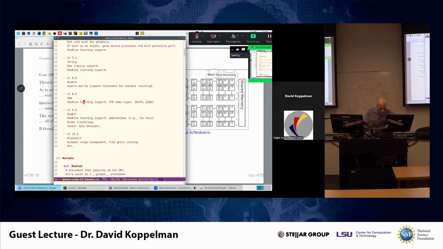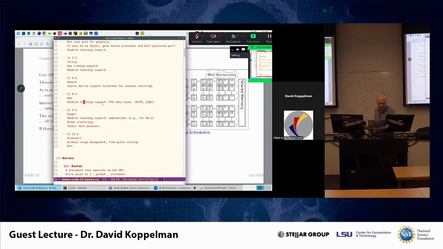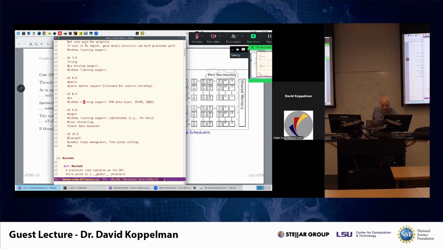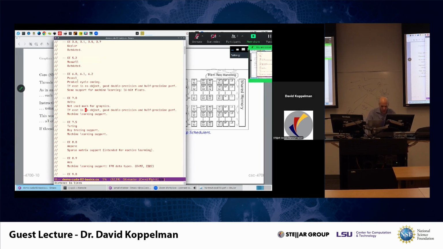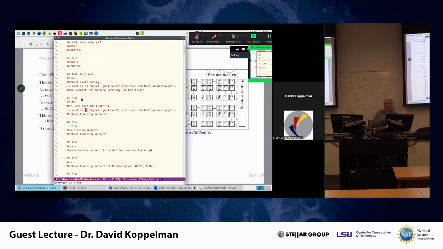Anyway, so machine learning support with the tensor cores. Very interesting data. Machine learning support started earlier here with the tensor cores. One of the things they did was multiply-add, which is important in machine learning. But in machine learning, precision can be a lot lower.